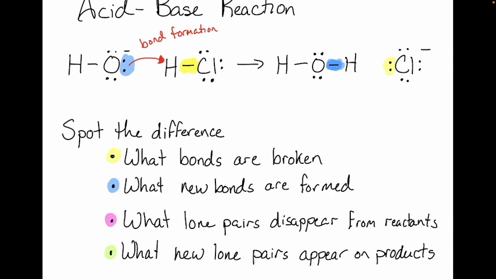And likewise, we've got to show that hydrogen-chlorine bond being broken. So how do we do that? We have another arrow that starts at the bond and then points to that chlorine atom, because that chlorine atom is the one accepting that pair of electrons. So this one represents a bond breaking.